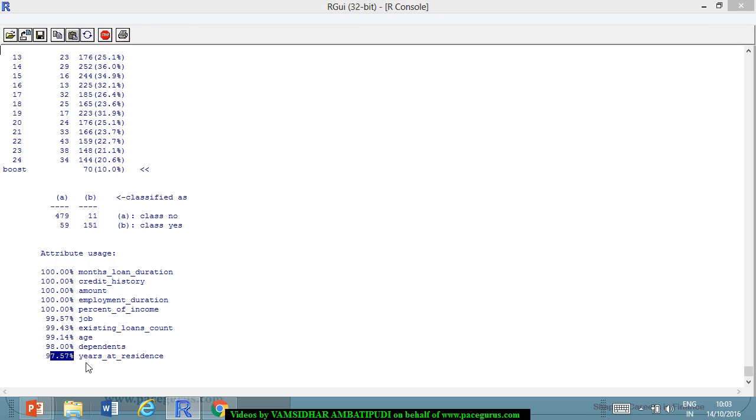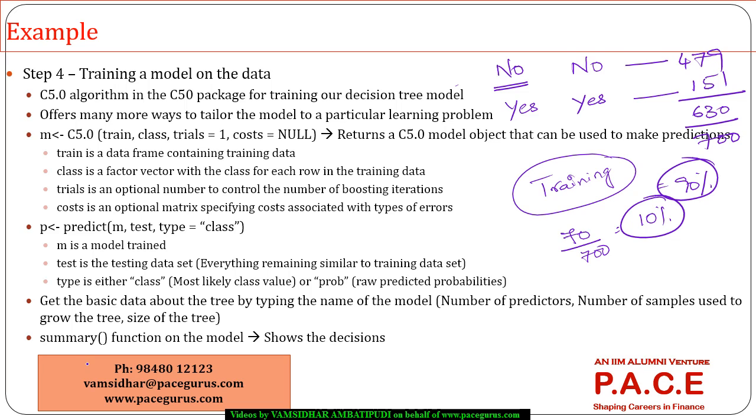As we already know, there is a good chance that the model can do a lot of overfitting. So the 90% accuracy here looks very genuine and like a good model, but I have to rely on it only after I test it on my testing data.